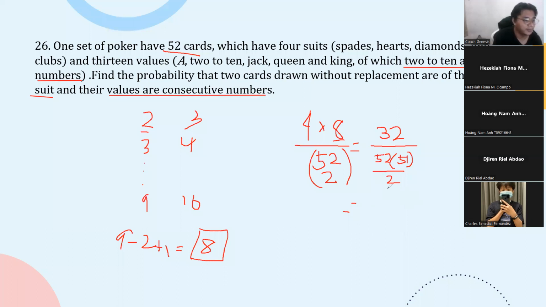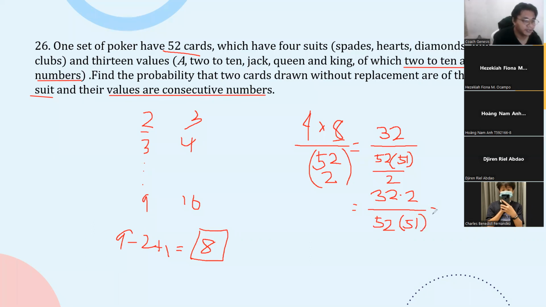So wait, let me just change this one. So I will have 32 times 2 divided by 52 times 51.